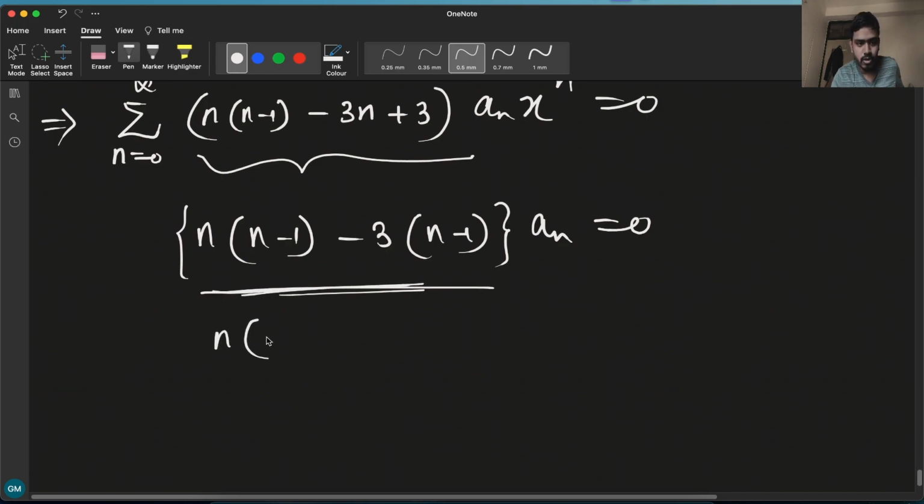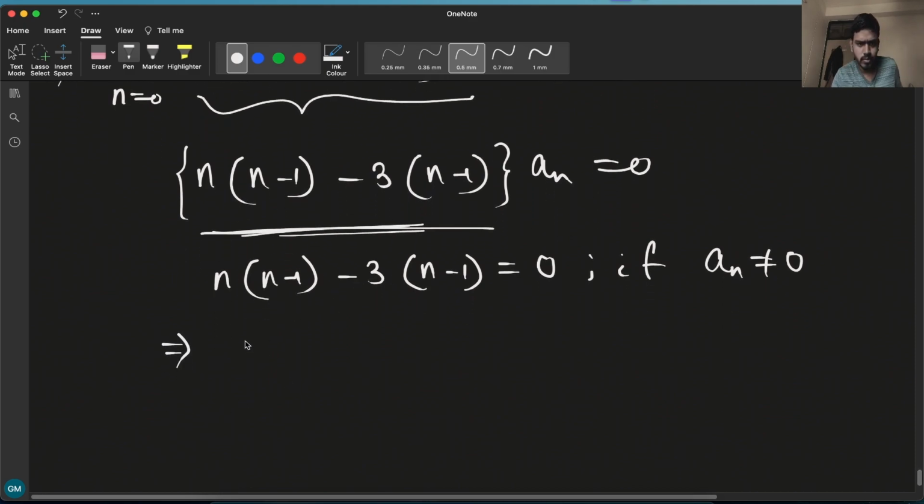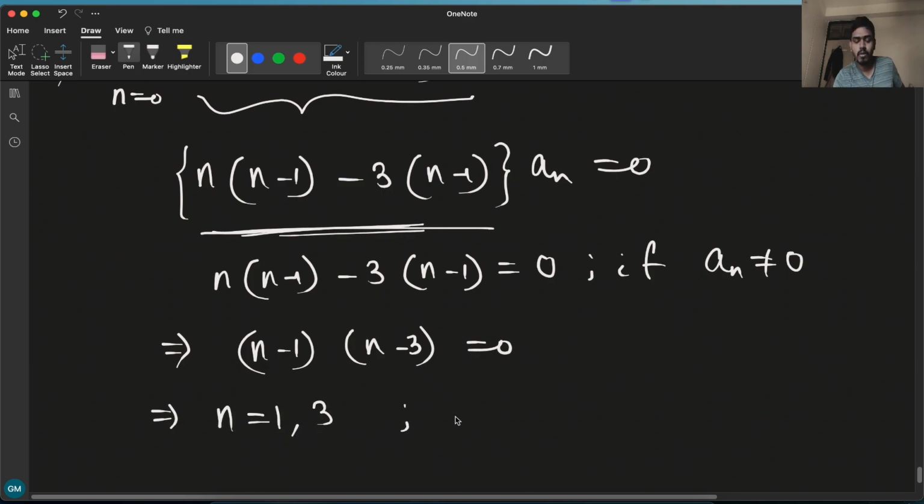It is n minus 1 times n minus 3 equals 0 if an is not equal to 0, which implies n equals 1, 3. For n equals 1, 3, an is non-zero. All other cases an will be 0. Otherwise this equation will not be valid.